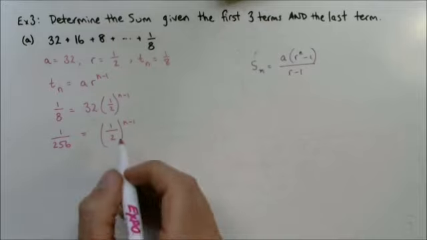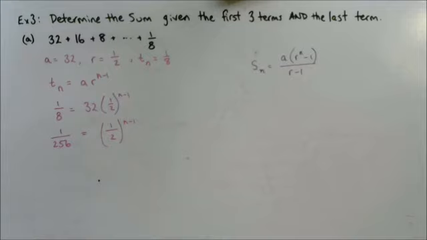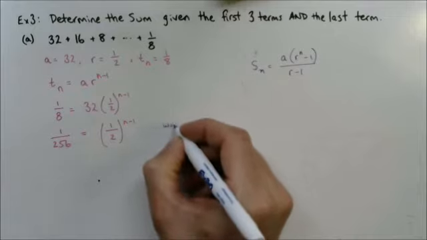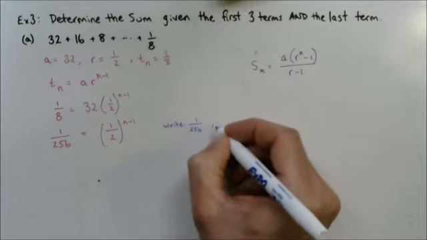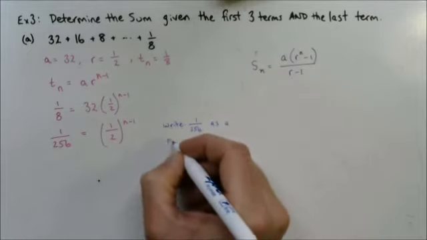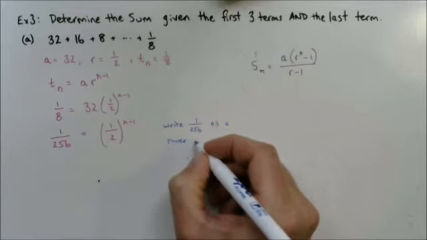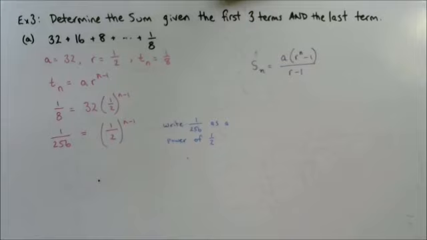Now, in order to solve for n, we're going to use the same strategy as we did in the previous lesson. We are going to write 1 over 256 as a power of 1/2. That means write it as a power where 1/2 is the base.